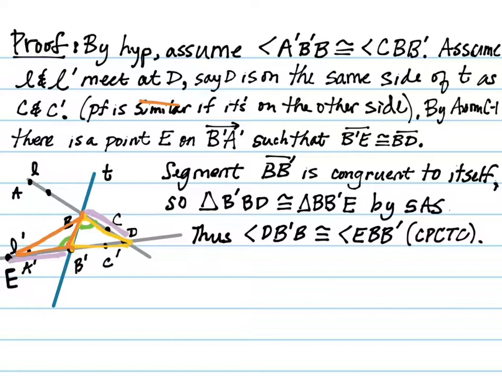D, B prime, B. Those are my other two alternate interior angles. Is that right? No, it's not. D, B prime, B, and E, B, B prime, the other two angles of the triangle, anyway.